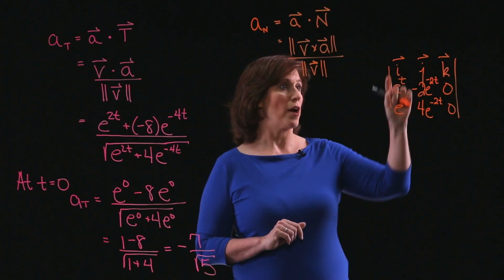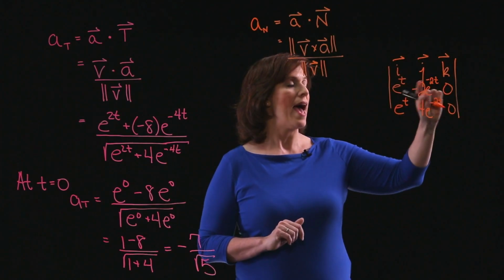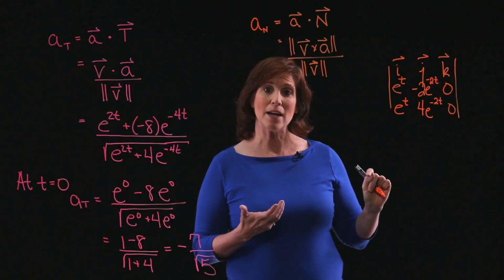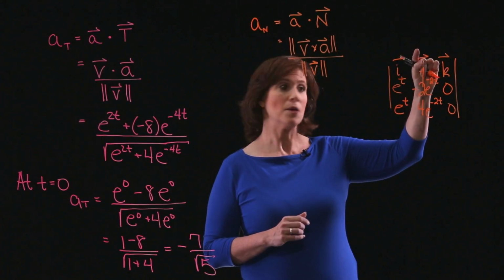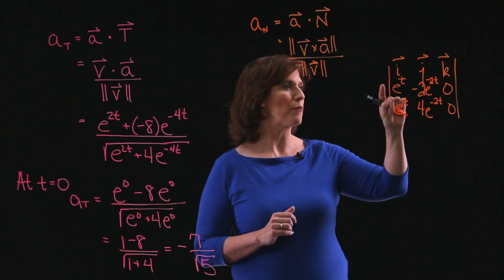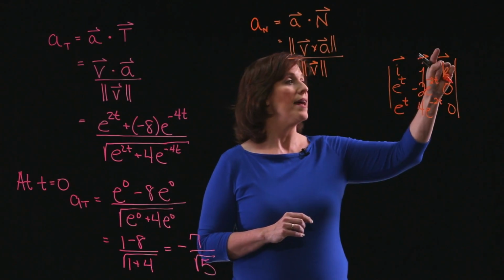Okay, so when I do the cross product, remember I start with i and I eliminate the column with i and the row with i. And I look at the determinant here. Well, that's just going to be a 0. So my i component is 0. The j component, when I take out the column with j and the row with j, again, I'm going to get 0 minus 0. So I get 0 again.